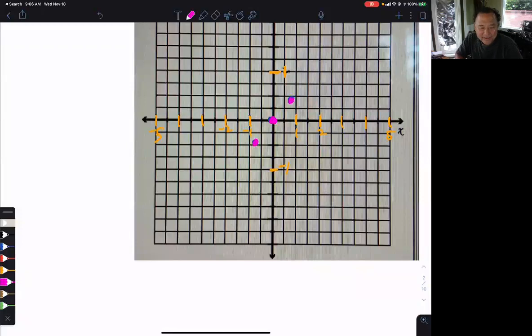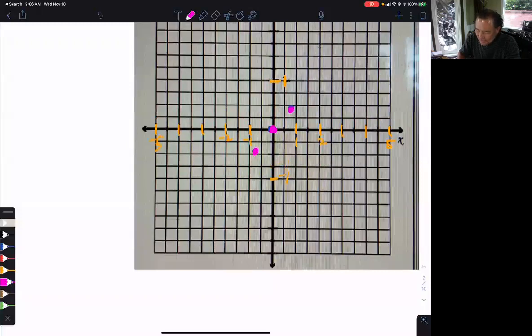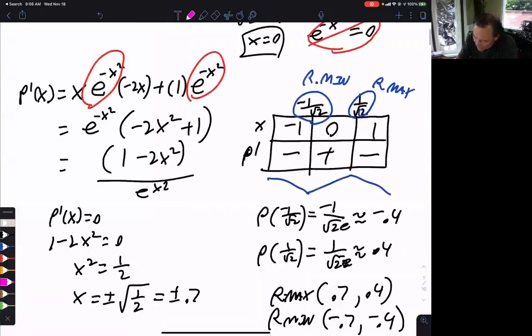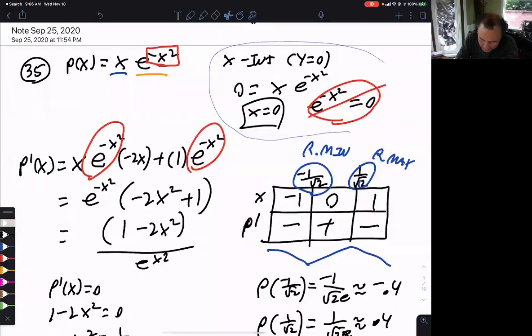Okay, we're almost done. What is this graph going to look like? I need to do more stuff here. More stuff to blow your mind. So let me erase this stuff and talk more. I want to find out what happens to the left and to the right. So what happens when I move way far to the right?